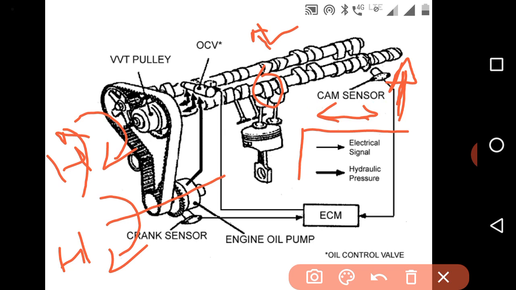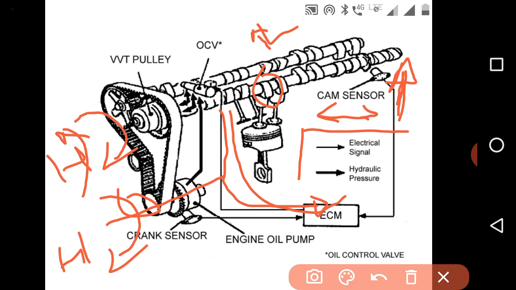So this is the engine oil pump. The engine oil pump is supplying pressurized oil to the oil control valve, and the oil control valve will decide where to apply the pressure depending on the signal received from the engine control unit. The engine control unit will sense the position of the cam and the speed of the crank, and depending on that it will give the signal to the oil control valve.